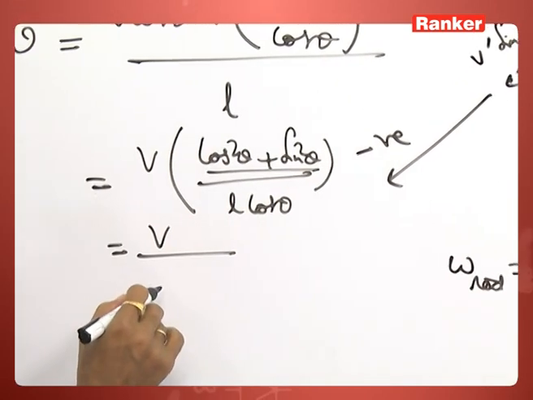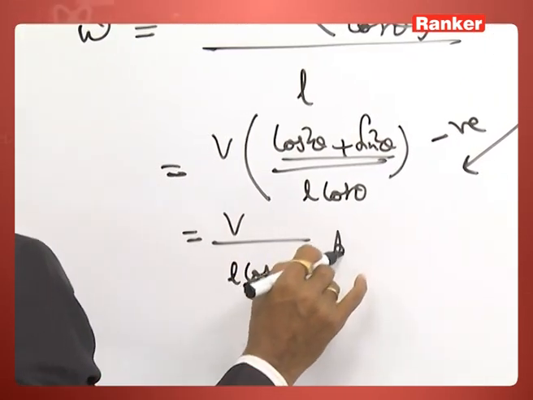So ultimately we are getting V upon L cos theta, answer.